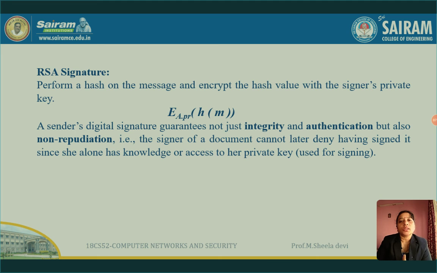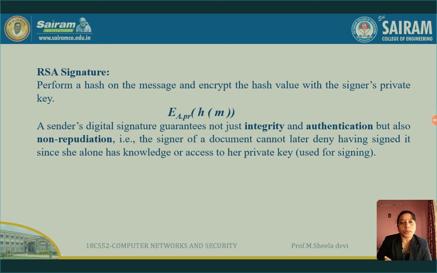At the receiver side, after applying the decryption using the public key of the sender, he will get the message digest, and he will also calculate the message digest by applying hashing on the data which he has received. The message digest value he has calculated and the one which the sender has sent will be compared by the receiver.